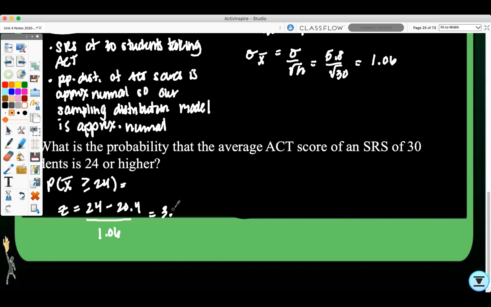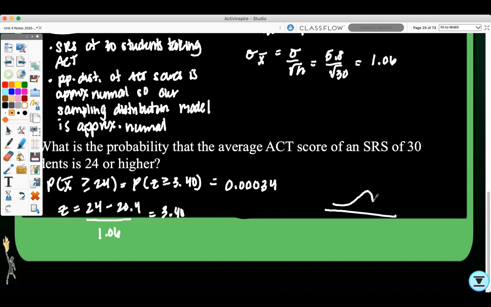And this gives us 3.40. So we need the probability that Z is greater than or equal to 3.40. We put that in our calculator, and that would be 0.00034.